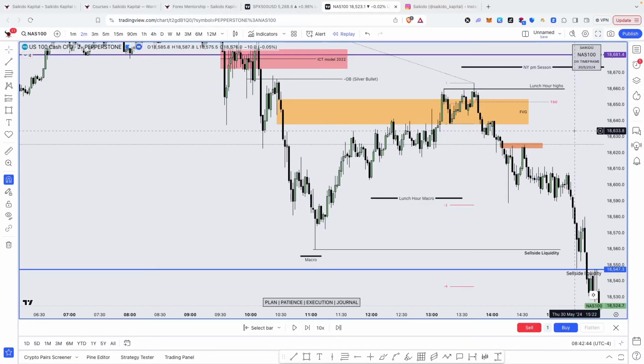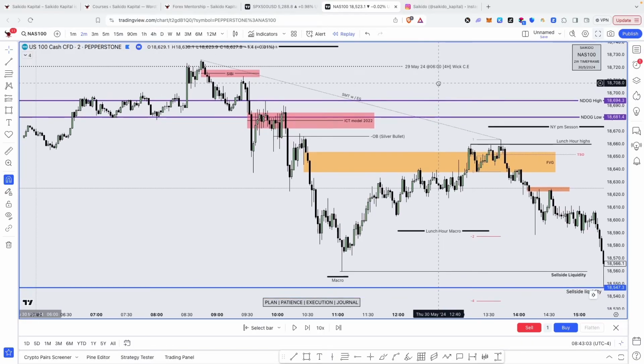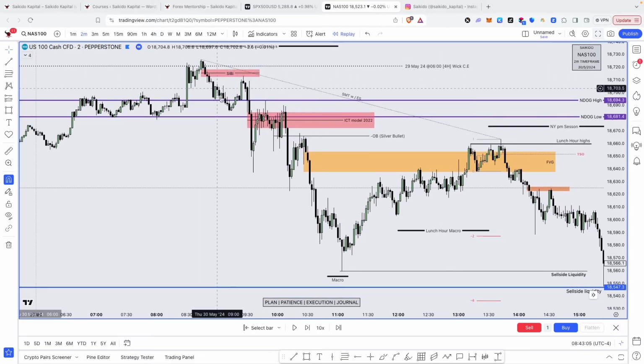You also have a macro from quarter to 4 to 2 minutes to 4 p.m. I normally trade this one because it gives a direction of the entire lunch hour macro, and then I can trade this up and down if I have that appetite that day. So in this case, you can clearly see that this was bearish.